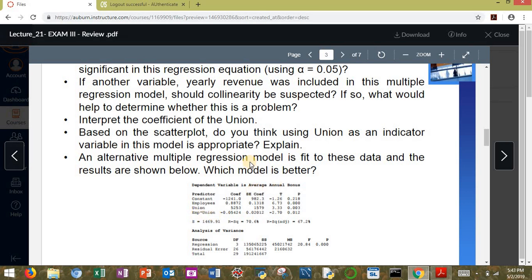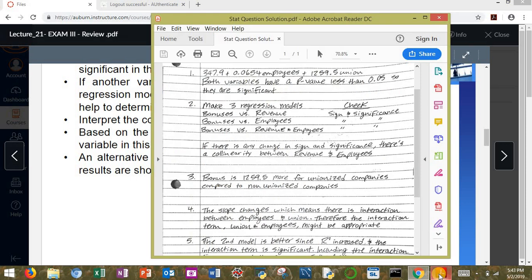That variable is not in the original model, and this variable based on the p-value is significant since it's less than 0.05. Since that is a significant variable, that is just further improving the accuracy of our model. And so the second model would be the more accurate, therefore it would be the better model out of the two.